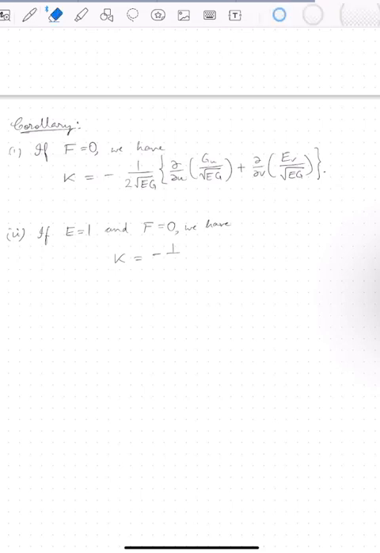Essentially, this may be simplified as K equal to minus 1 over root G times the second partial derivative of root G with respect to u.